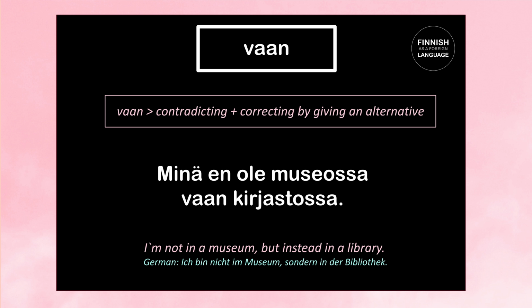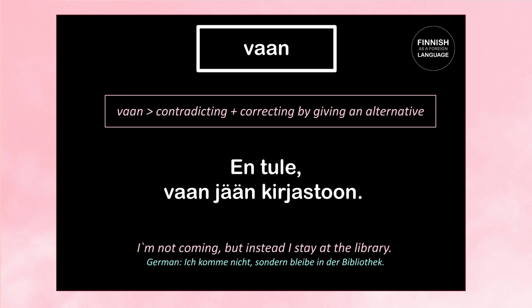Let's take another example. En tule, vaan jään kirjastoon means I'm not coming, but instead I stay in the library. So here we use vaan to correct a negative statement in the first clause by sharing an alternative, which is I'm going to stay in the library. So let's go step by step. En tule means I'm not coming.